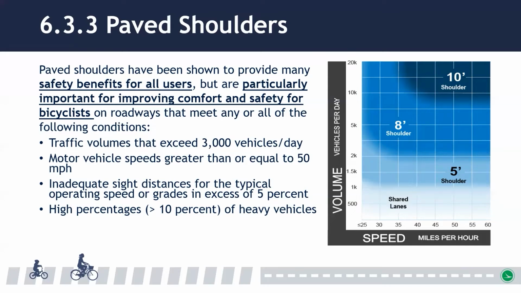In this section of the guide, we discuss shoulder surface quality, rumble stripes and rumble strips, and also summarize bicyclist right-of-way at intersections based on the Ohio Revised Code. In part 2 of this training, we'll look at some of these treatments available to clearly indicate the right-of-way at intersections where bicyclists are expected to be traveling along the shoulder.